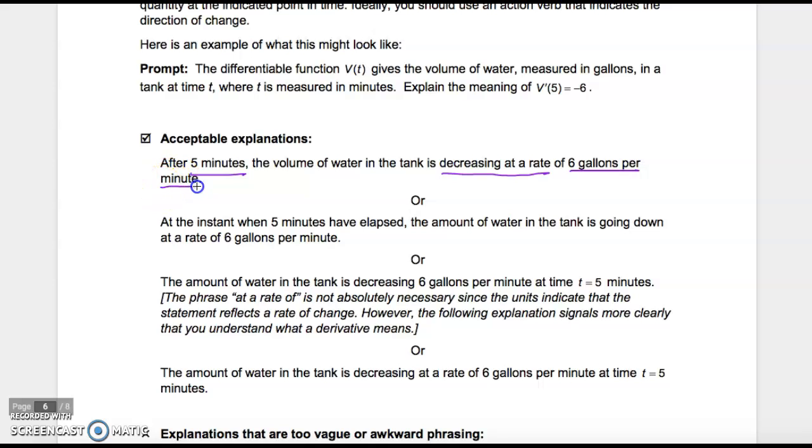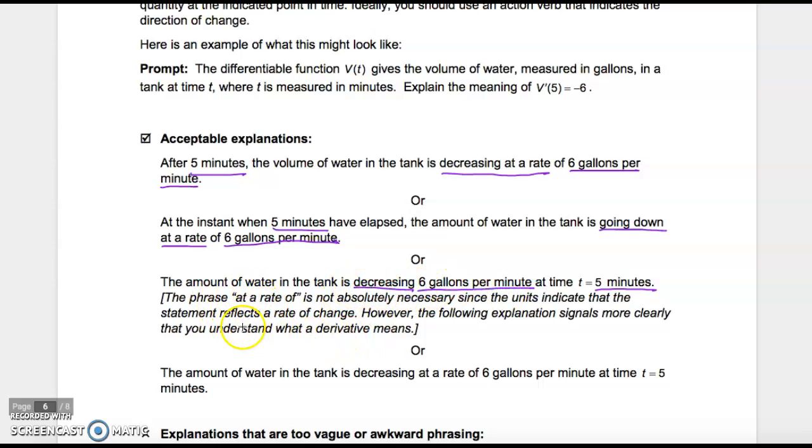They have the numbers explained with units as well as what's actually happening. So numbers explained with units and then going down, at a rate, okay? The amount of water in the tank is decreasing 6 gallons per minute at time t equals 5 minutes. Technically, they still have your 5 minutes, your 6 gallons per minute, and then they have decreasing.